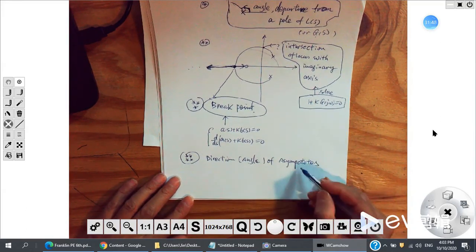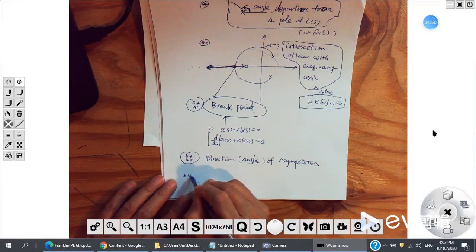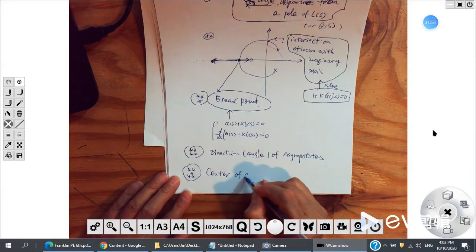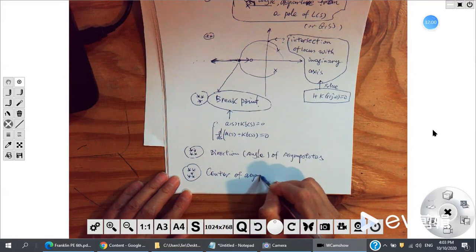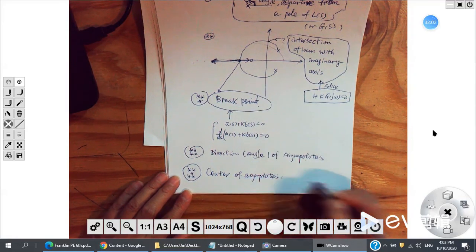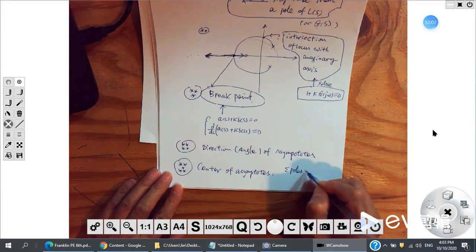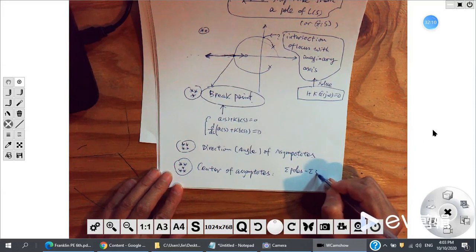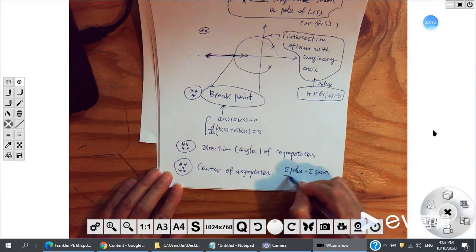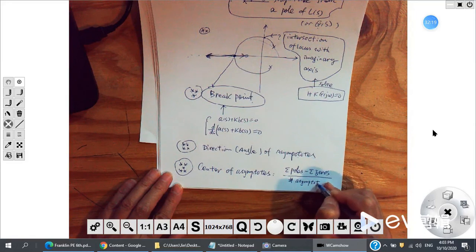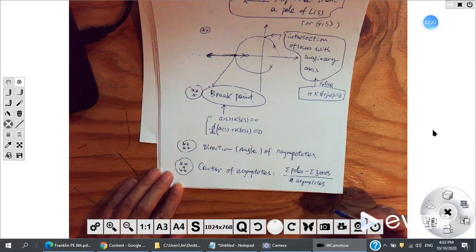Related to this, you also have the center of the asymptotes. It is the summation of all the poles minus the summation of all the zeros, divided by the number of asymptotes.